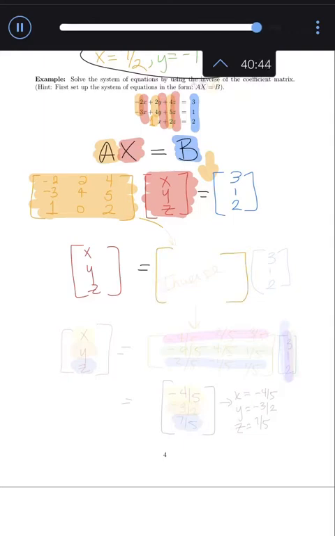And then my constant matrix, the 3, 1, 2, will stay the same. The problem is I need the inverse of my matrix over here. Well, what's the problem with that?